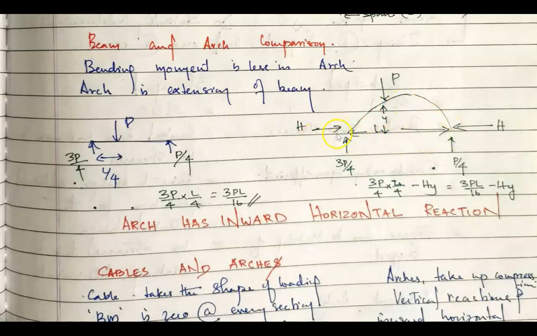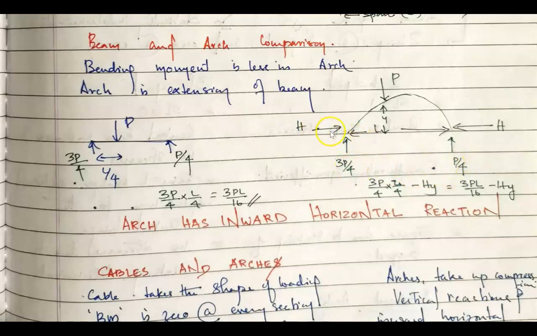In the same way, now you go for an arch which is supported at two ends, A and B. Then you have a load at a distance of L by 4 and the vertical distance is y. Using sigma M at any support equal to 0, you can determine the support reactions. One you get as 3P by 4, the other as P by 4.